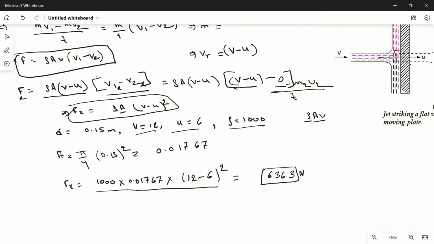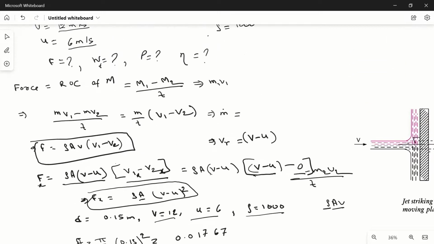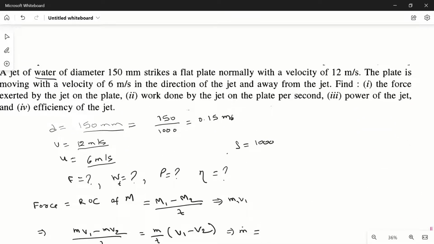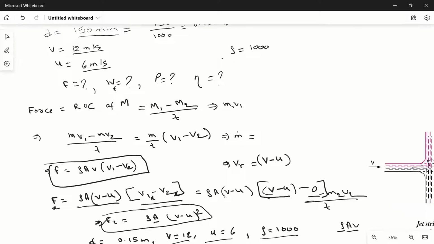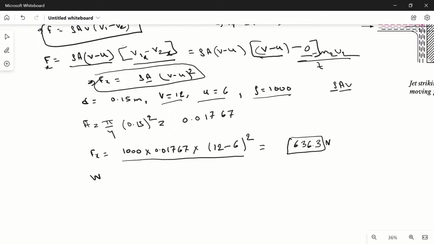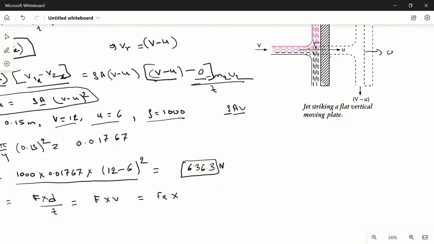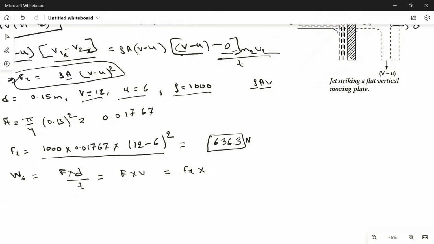Now we have to calculate work. See what is the next part. Work done by the jet on the plate per second. So work done per second, W by t. Work done is force into displacement in direction of force, but per second is divided by t, time. So it is force into velocity. So force is already we know Fx into velocity in direction of force is velocity of this plate, which is u.